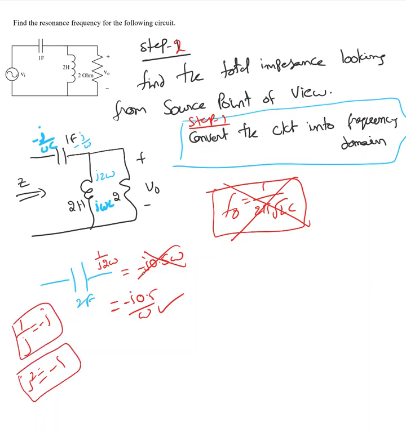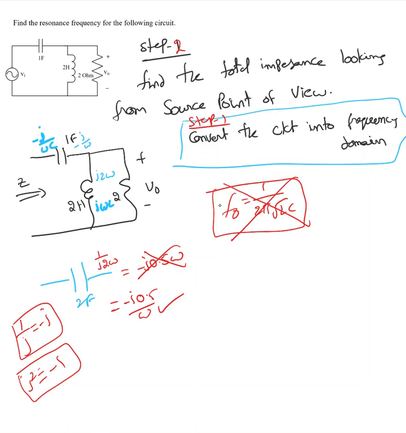I saw people writing this as minus j, 1 over 2 as 0.5, and they unknowingly take the omega from the denominator to the numerator. I saw lots of people doing this in the past. So make sure that it's minus j 0.5 over omega. It's not minus j 0.5 omega. Those are the two silly mistakes I saw in the past.